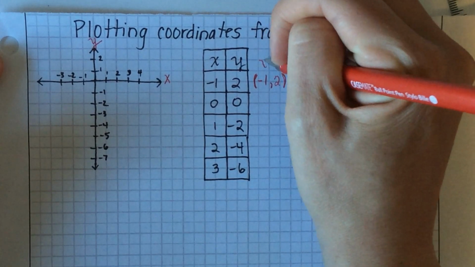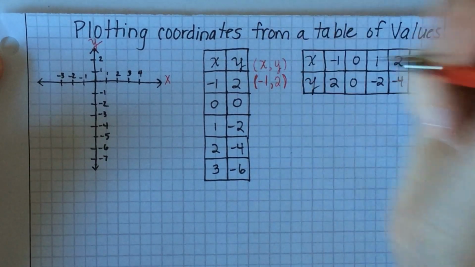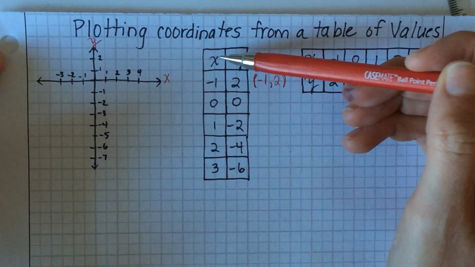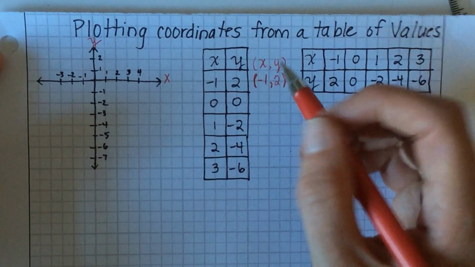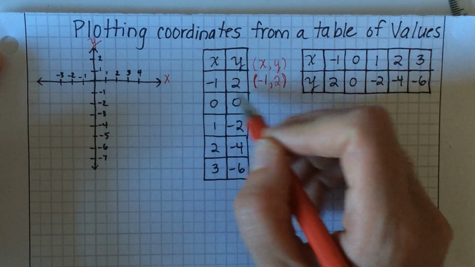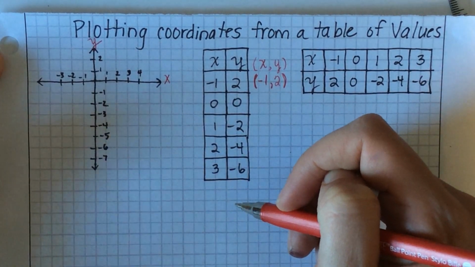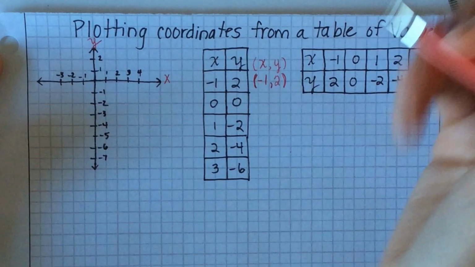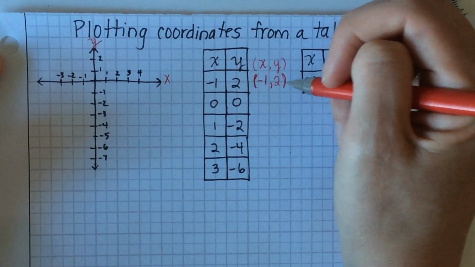Remember, when we use ordered pairs, they always go in the order x, comma, y, which is why you'll often see your table of values in x and y in that order. So the table of values really just shows you a series of ordered pairs that you can graph onto a Cartesian plane.